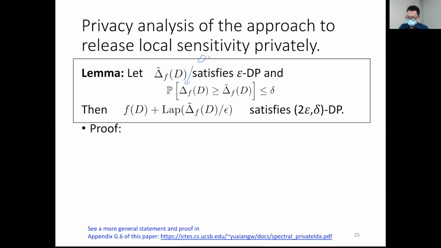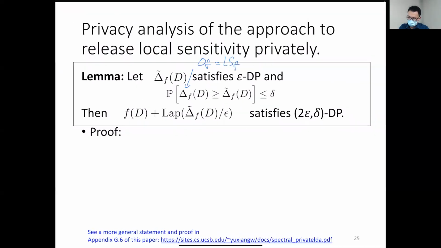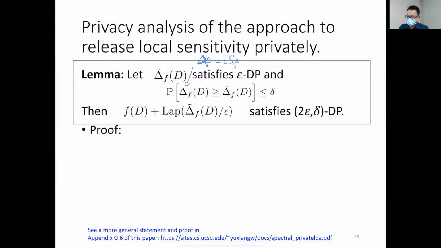So if we can differentially privately release a high probability upper bound of the local sensitivity, this means that with probability 1 minus delta, it will be smaller than the delta tilde of F(D).